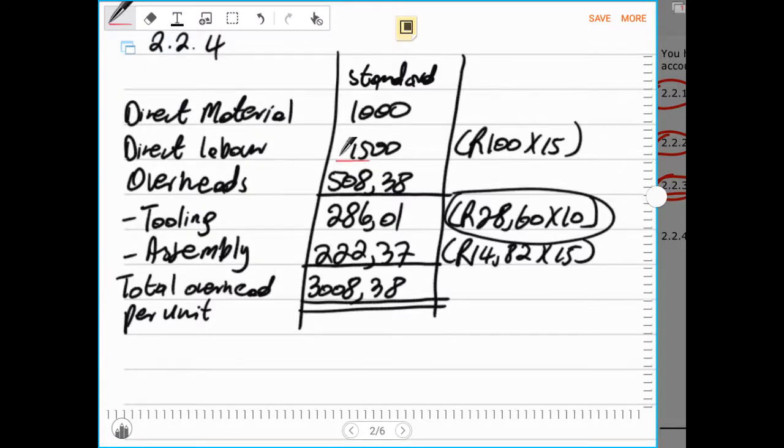This is the amount that they were looking for. This would be the total cost per unit if it was required, but this is what was required. Okay guys, with that being said, I am done with this exercise.